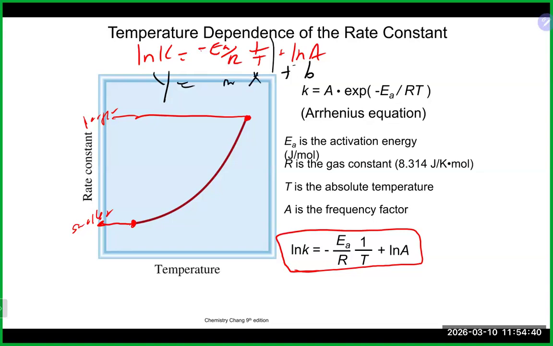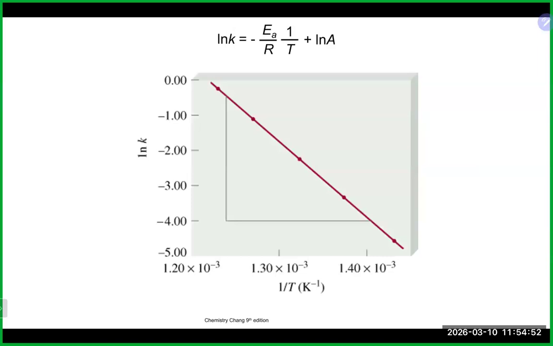So on the x there, we have the 1 over T, and on the y we have the natural log of k. We can use this to graphically solve for the activation energy by taking the slope of this line. The slope of this line equals minus E_A over R. You basically can multiply R to both sides, and that will get you your E_A.